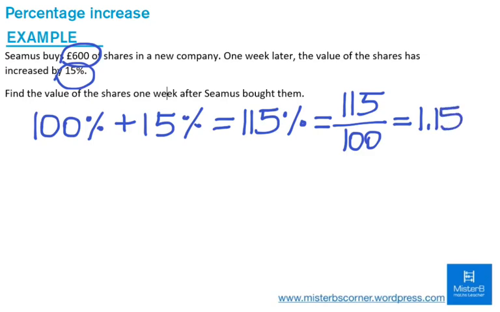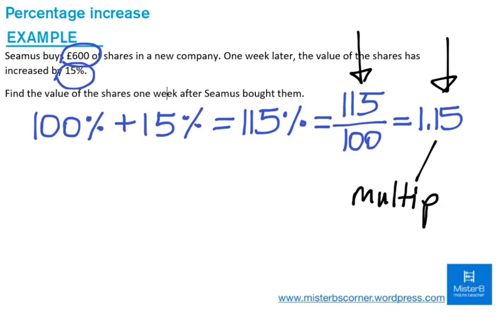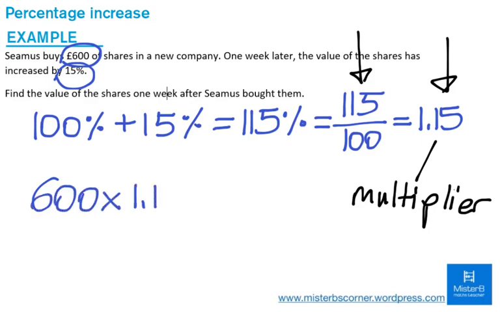It doesn't matter which one you use. You can use the fraction or you can use the decimal, which in this case is called the multiplier. Now what we can do is multiply 600 by the multiplier. I'm going to use the decimal, but it is totally okay if you use the fraction.